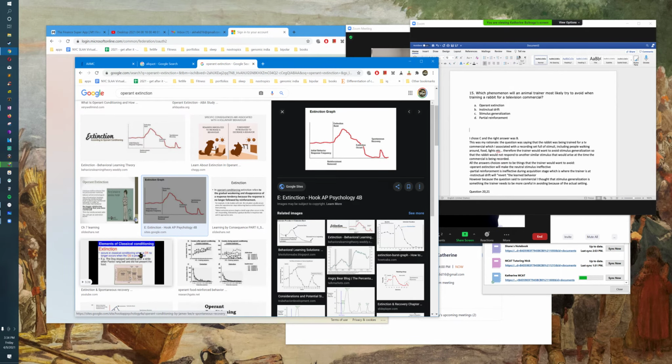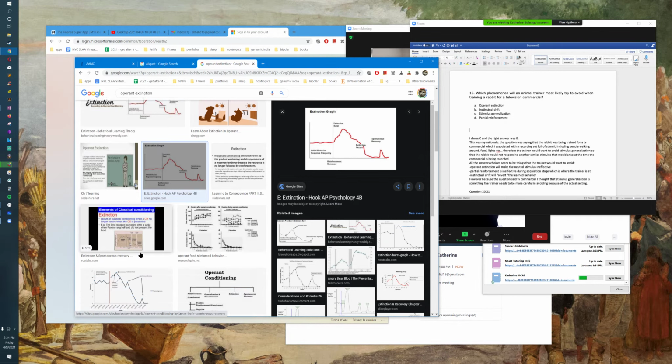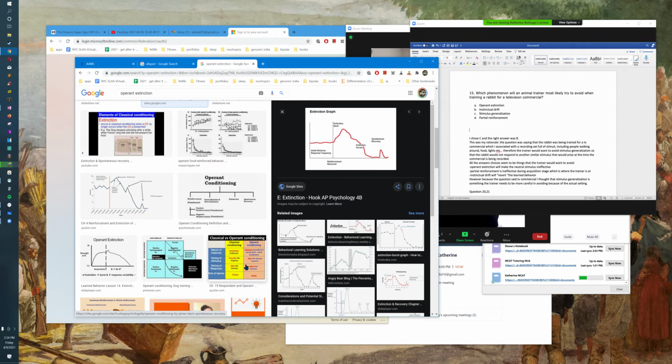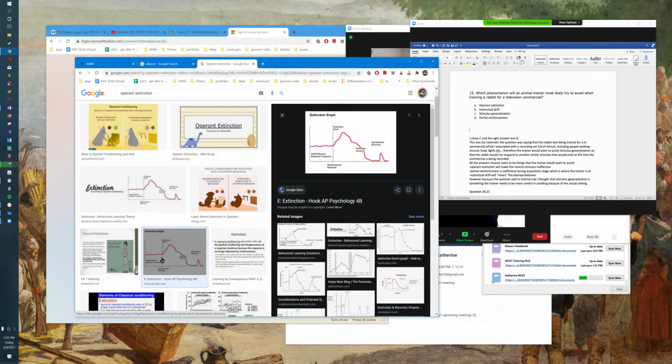So, what will an animal trainer most likely try to avoid when training a rabbit for a television commercial? Maybe it has to do with the word phenomenon, because operant extinction is a method.